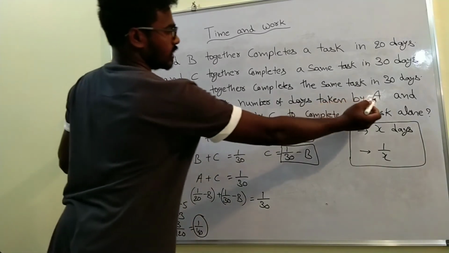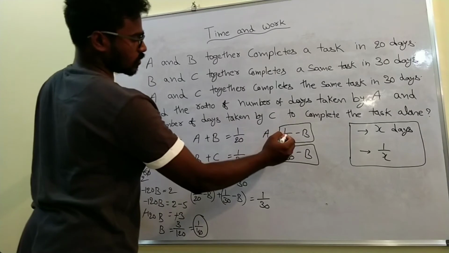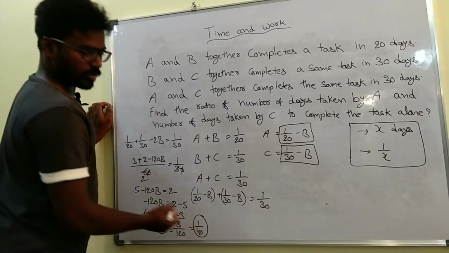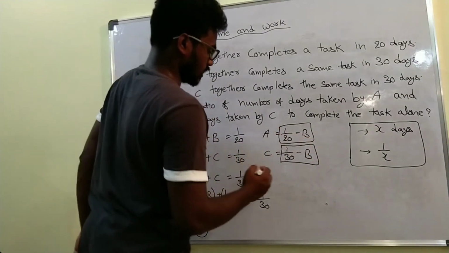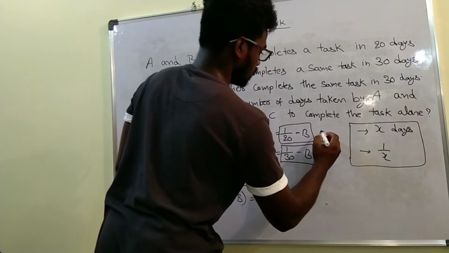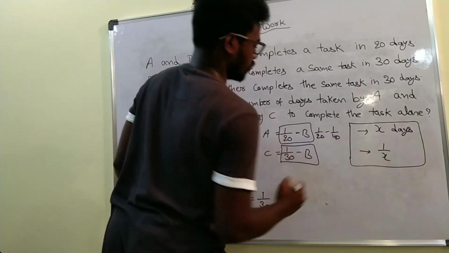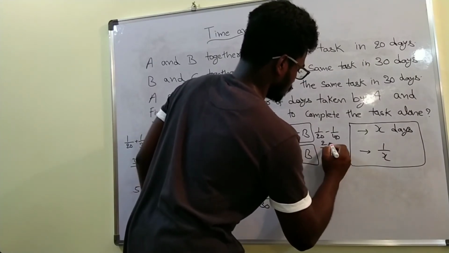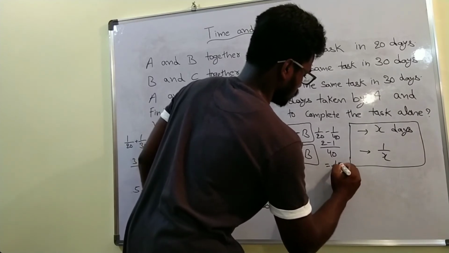Finally we need A's work and C's work. A's work is 1 by 20 minus B's work. Here we found B can do 1 by 40th of the work. If we substitute, we get A's work: 1 by 20 minus 1 by 40. 2 minus 1 is 1, so that is 1 by 40.